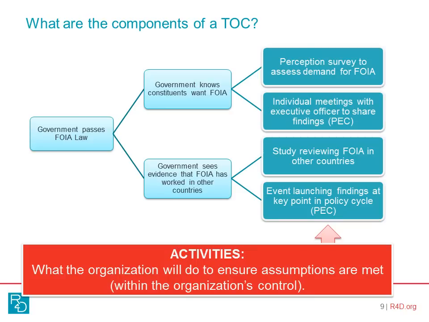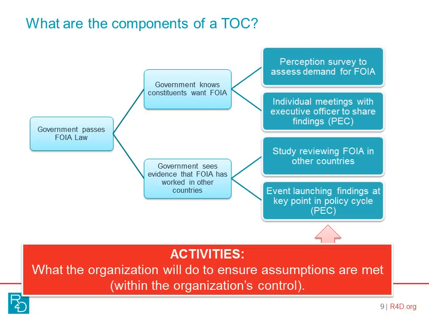Similarly, the organization defines two activities to ensure that the government sees evidence that FOIA has worked in other countries. They will conduct a study reviewing Freedom of Information acts in other countries to collect evidence, and they will hold an event launching findings at a key point in the policymaking cycle.